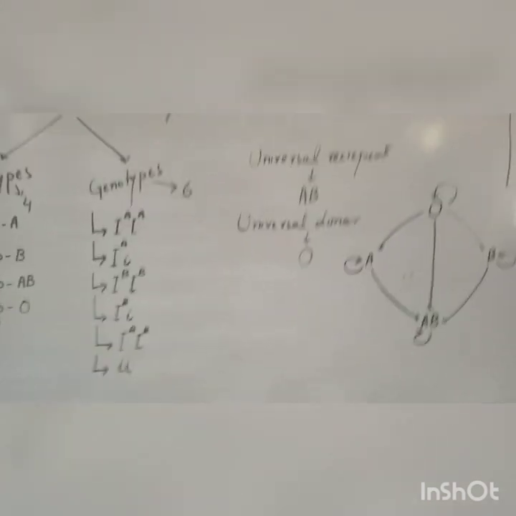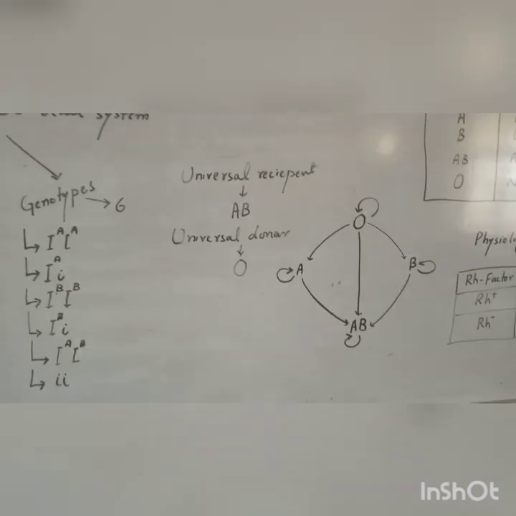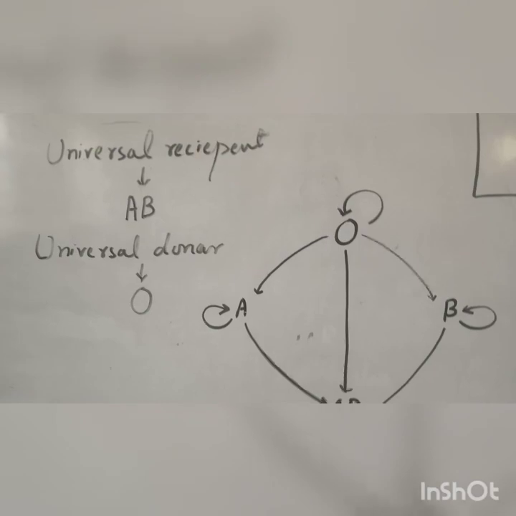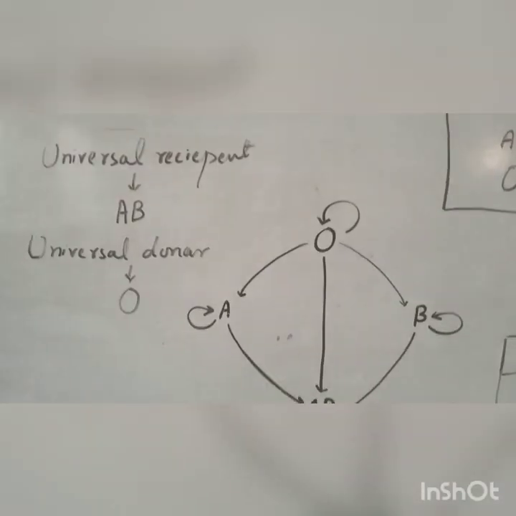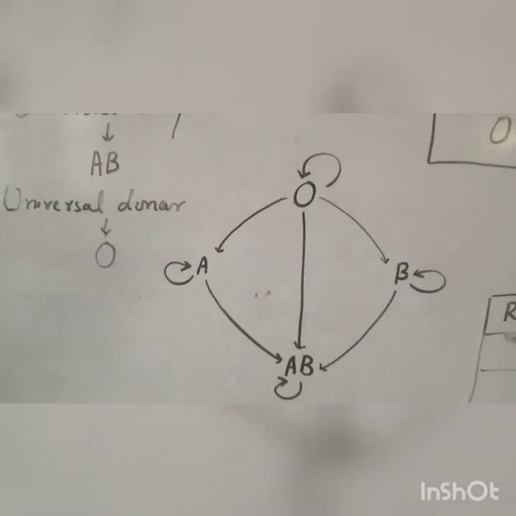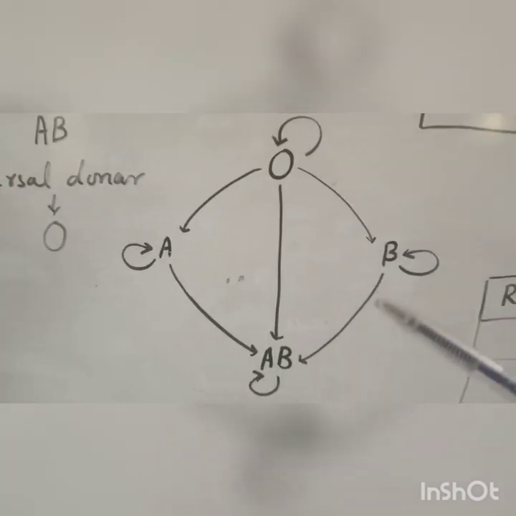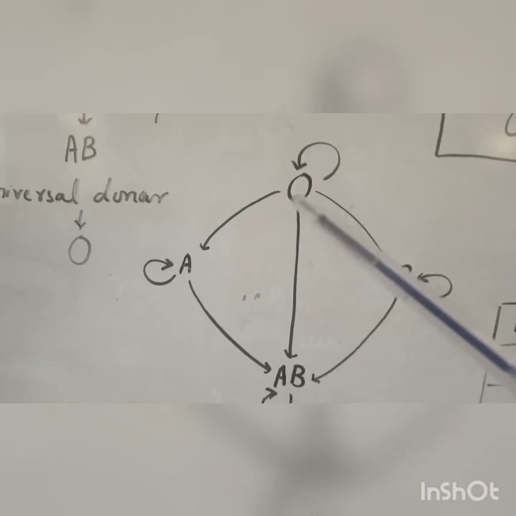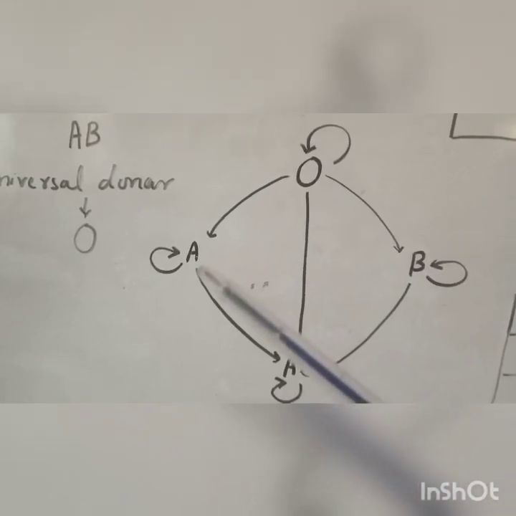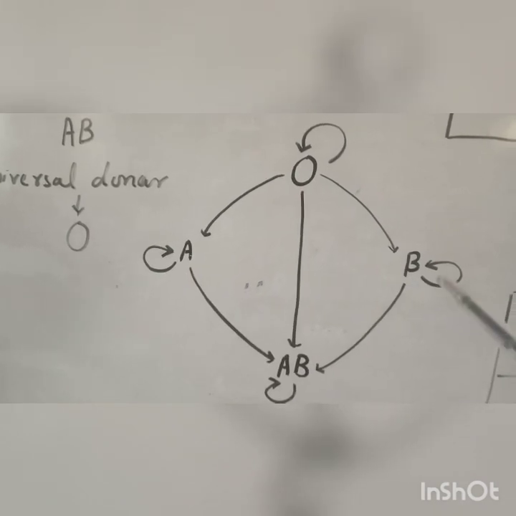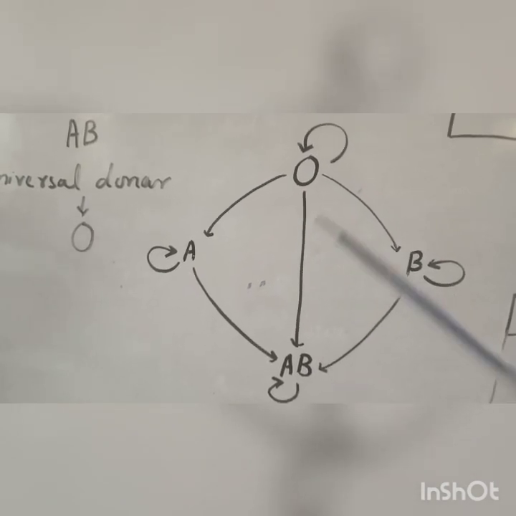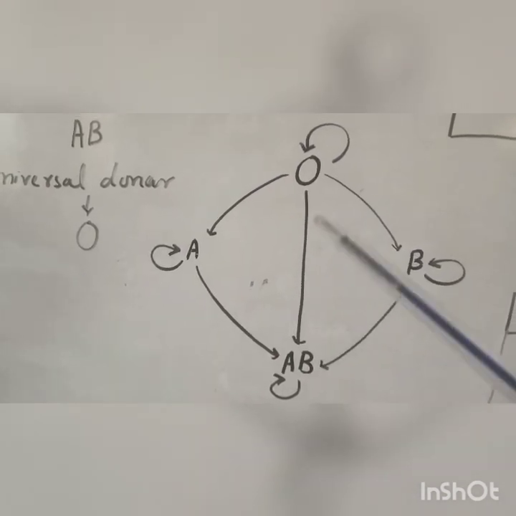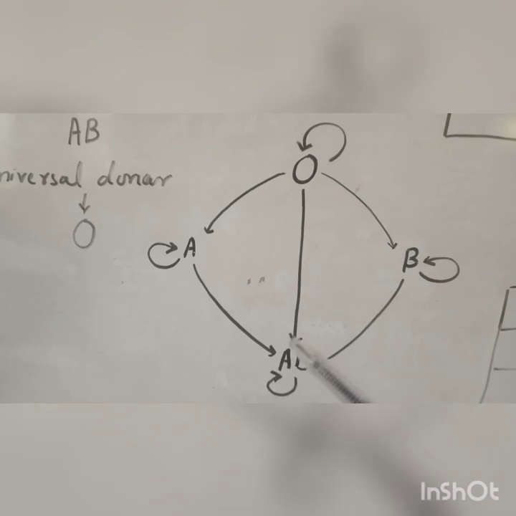If we look here at the donors and recipients of the blood groups, we can show it in a simple way that blood group O can be transfused to blood group A, blood group B and blood group AB by representing them in simple arrow lines.